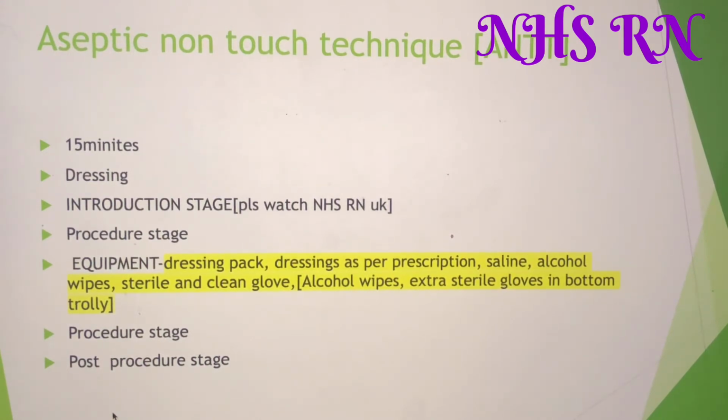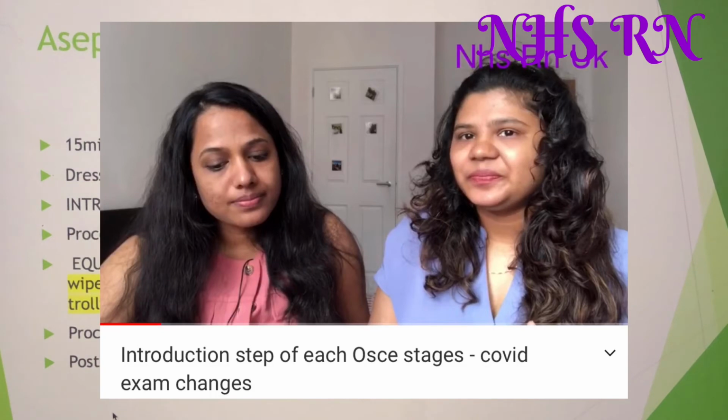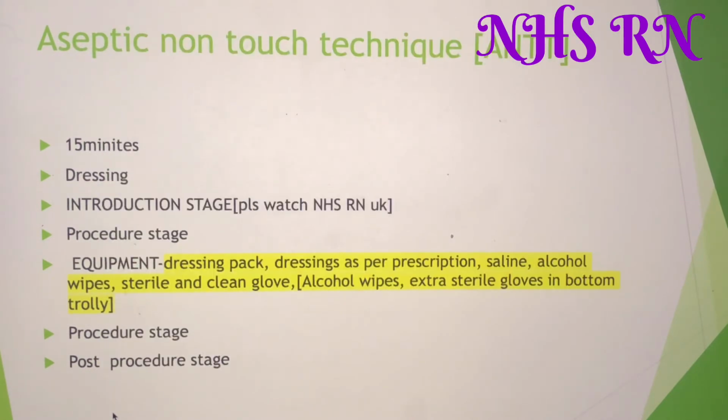Then the introduction stage, which I have already covered in a separate video. Then the procedure stage, that means how you are going to do the dressing. There are a lot of videos available on YouTube on how to do the aseptic technique. Just go through it and read the Royal Marsden. Then ask some of your friends to help you.